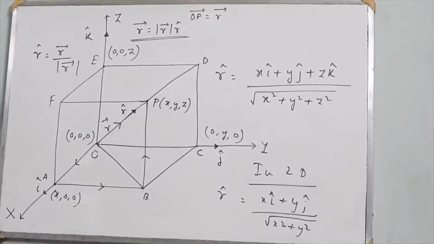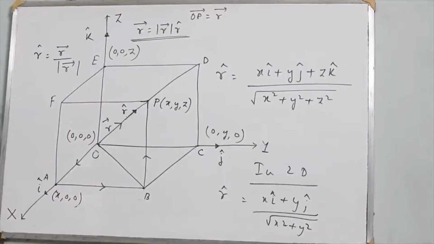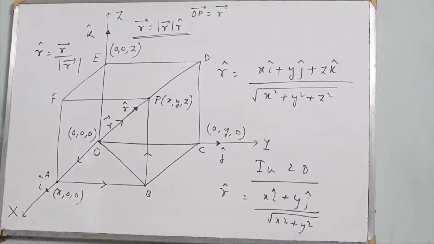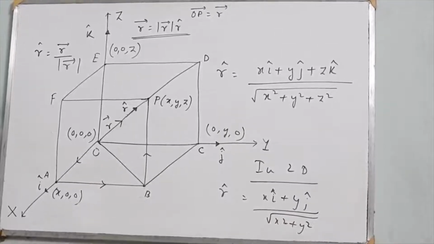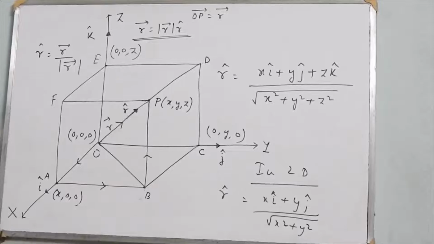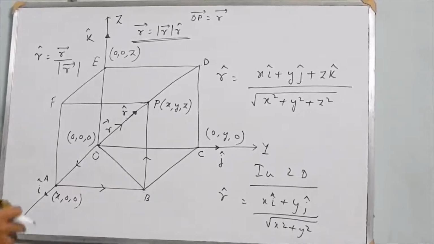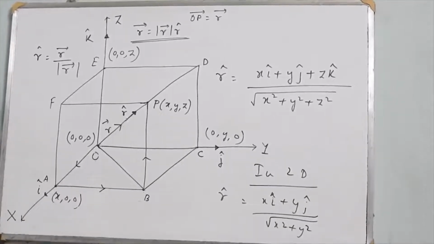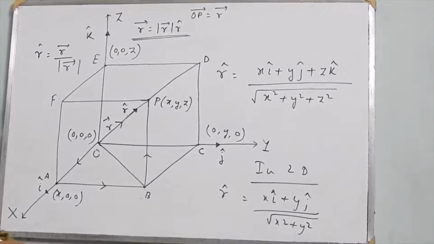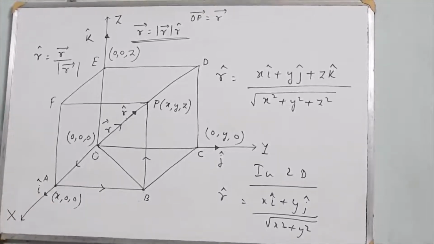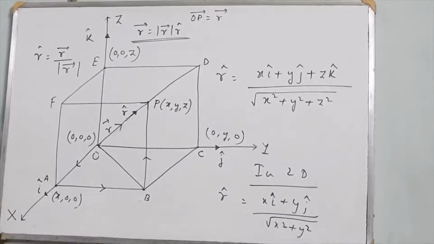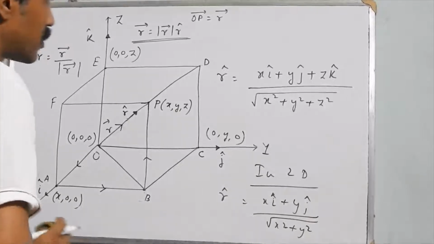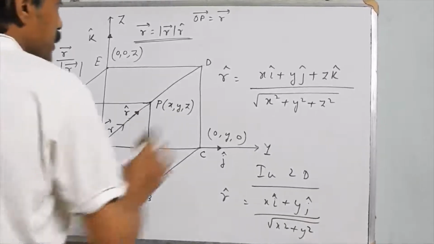So if the angle of inclination of the position vector with the respective axis we know, then we can use the properties of a cuboid in 3 dimensions and the properties of a rectangle in 2 dimensions to find the angle of inclination, and those angles of inclination are called the direction cosines.